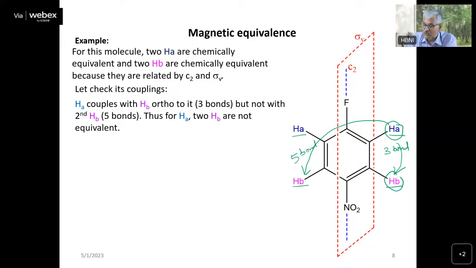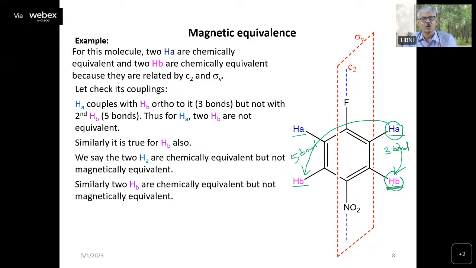So the couplings of HB to the two HA are different. Although they are chemically equivalent, these two HB are not magnetically equivalent. Similarly, these two HA are chemically equivalent but not magnetically equivalent, because the coupling of HB to this HA and to that HA will be different.